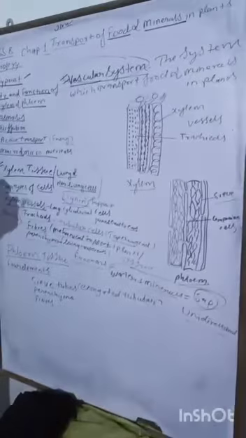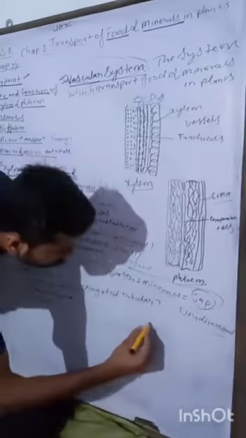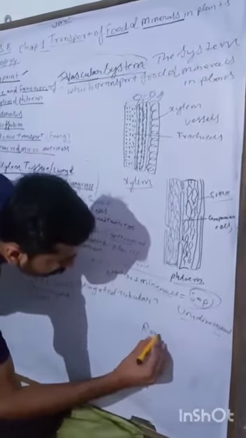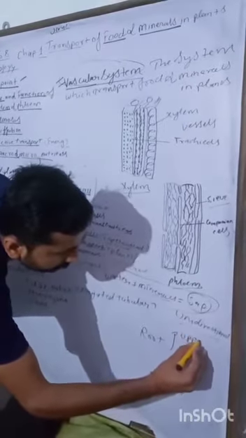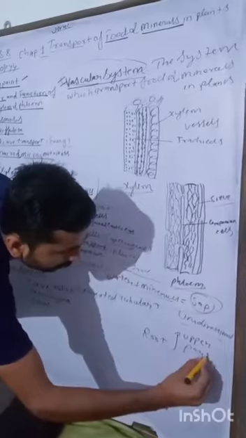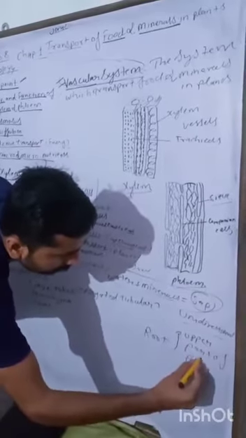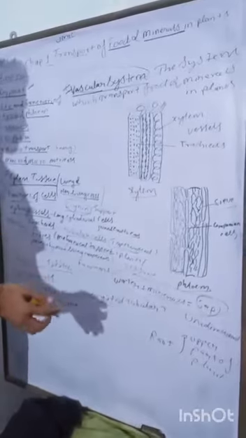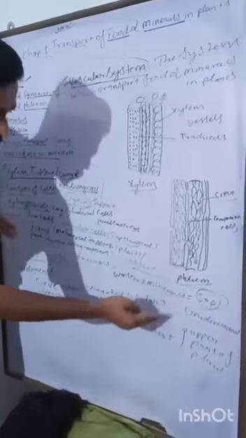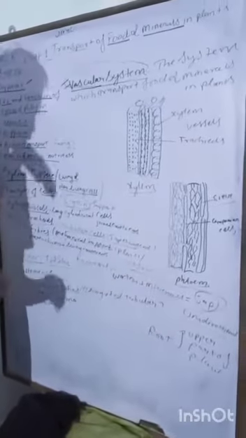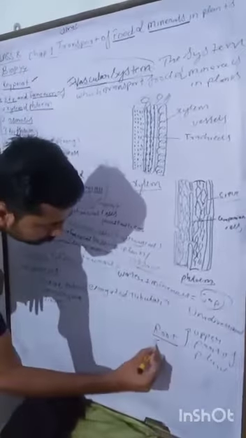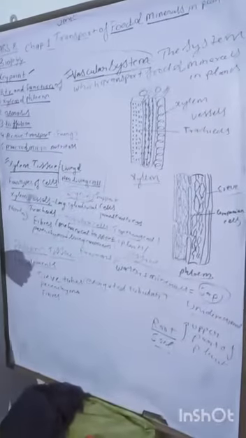Unidirectional means only from the root to the upper part of the plant. They carry water and minerals from the roots or soil to the aerial parts of plants, where they take part in photosynthesis.